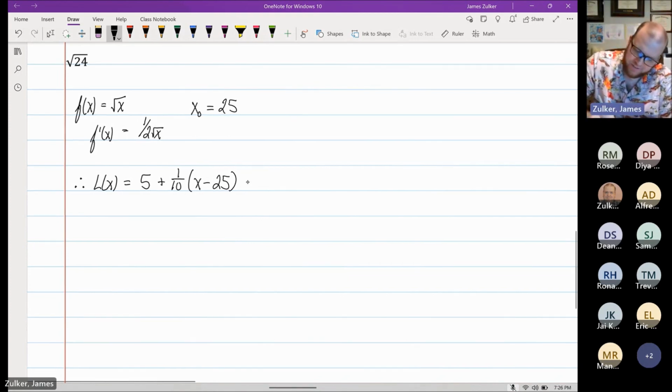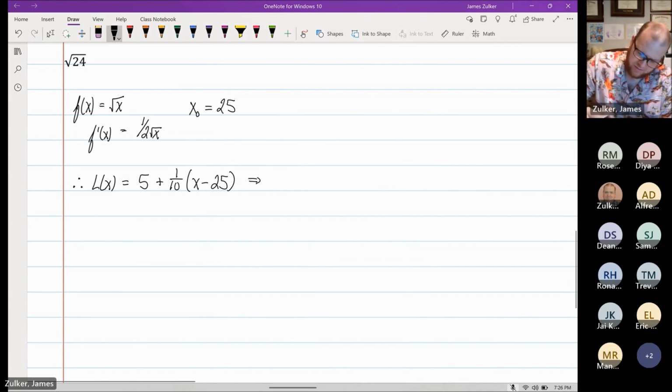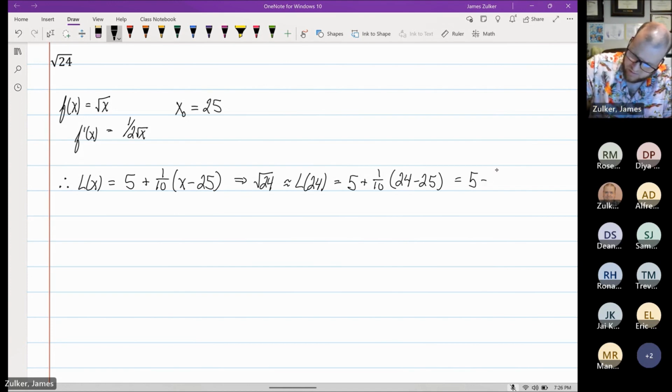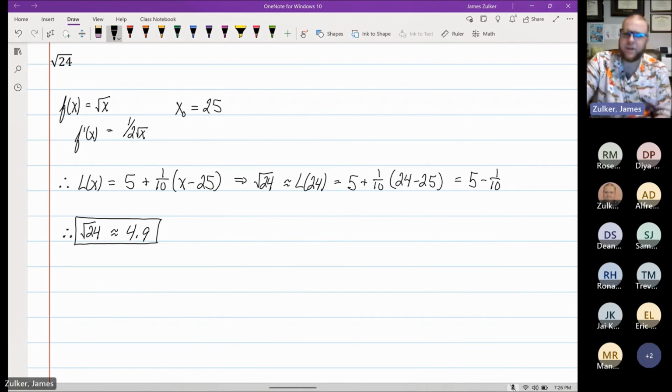Might that be our linearization? Looks like square root of 24 is going to be about 4.9.